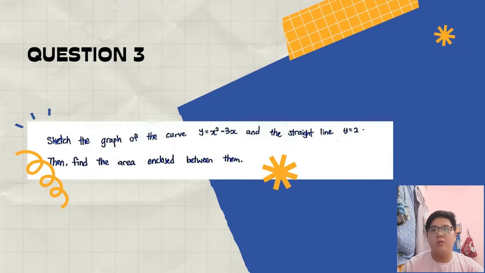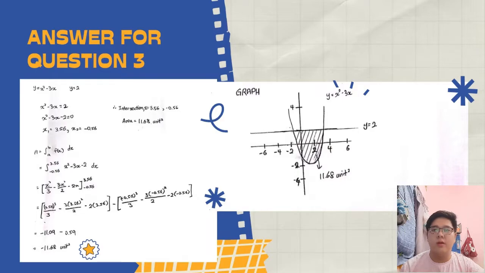So the third question for me is we need to sketch the graph of the curve y equals x squared minus 3x and the straight line y equals 2. Then we need to find the area enclosed between them. So the first thing is to take out our information: y equals x squared minus 3x and y equals 2.